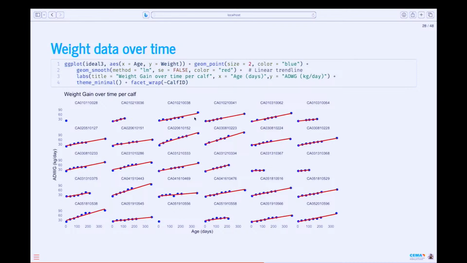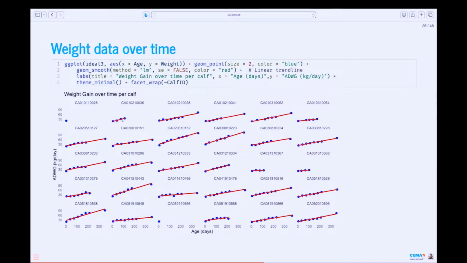Every small dot that is blue here represents a time you weighed the animal. And on the y-axis is the weight. It's written here as kilograms per day. So this is basically, I think that's miscoded, it's basically the weight of the animal at the time when it's weighed.